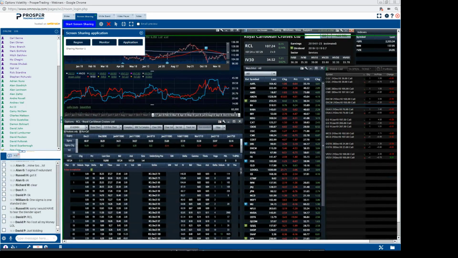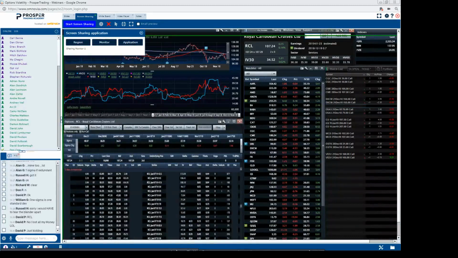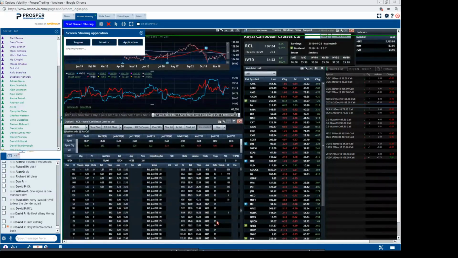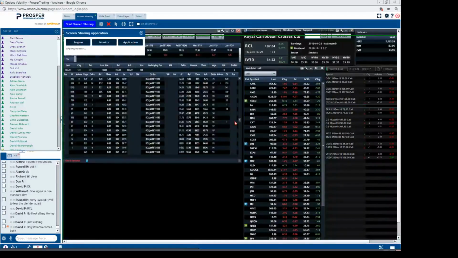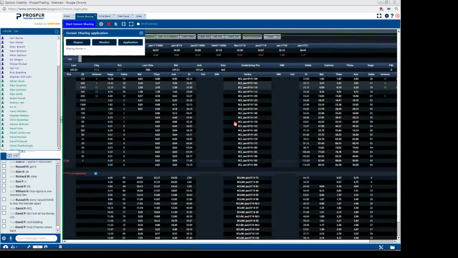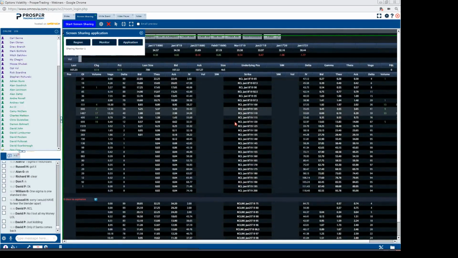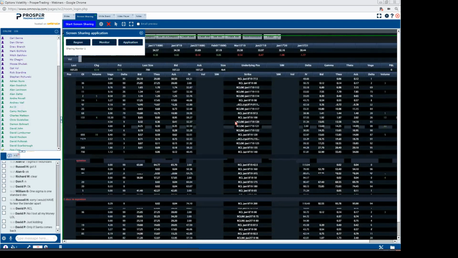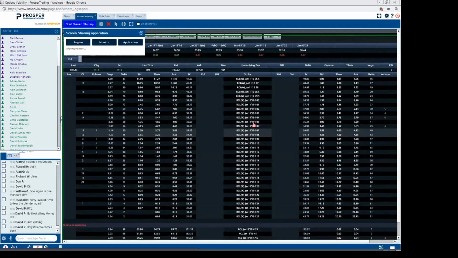Okay, Royal Caribbean. Let's take a look right now out to January. We're just going to go a month out. And actually, because strikes are a little different here, we're going to go to January 11th expiration.